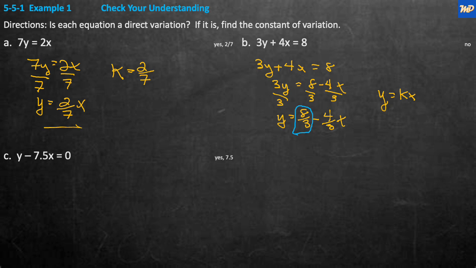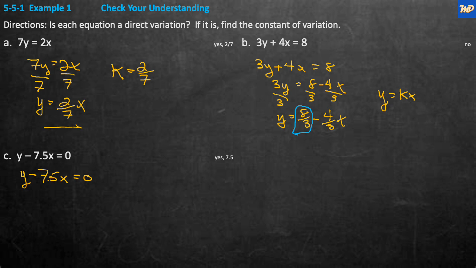Y is equal to, well, negative 7.5x. And that equals, well, it doesn't say that. Sorry, I'm ahead of myself in my brain, right? Sorry about that. Please forgive me. Let's get back here. Writing the equation, y minus 7.5x equals 0.